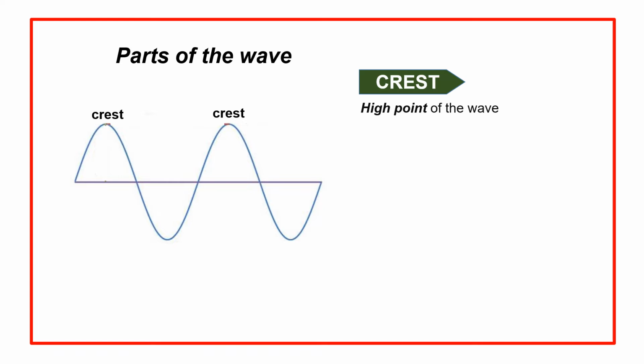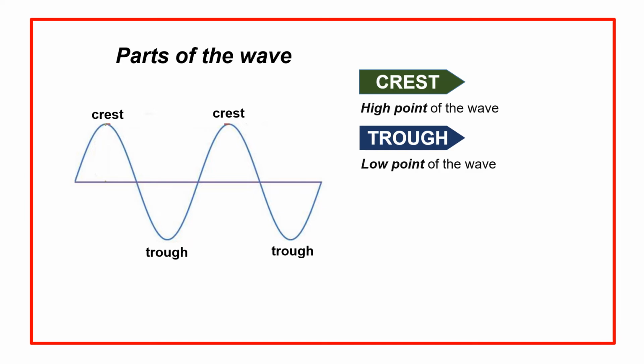Now, if there is a high point, of course, there will be a low point. We have C and D. Now, what is the name of these low points of the wave? We have trough. Again, trough is the low point of the wave.